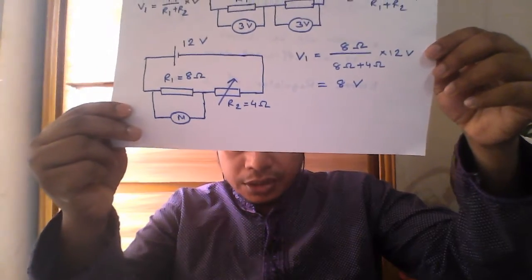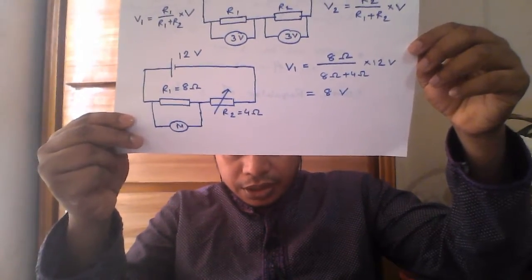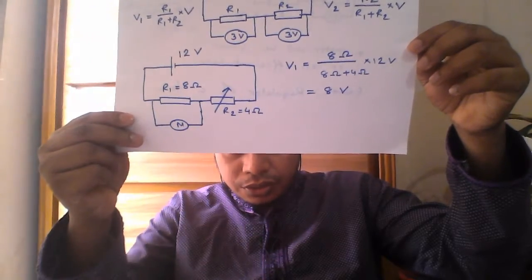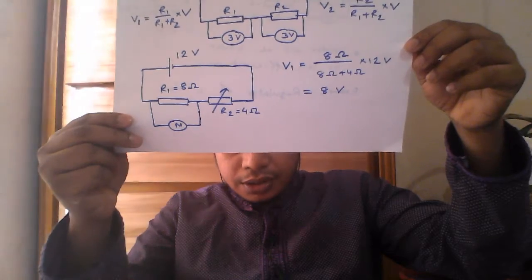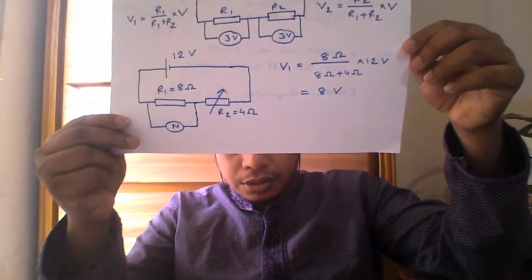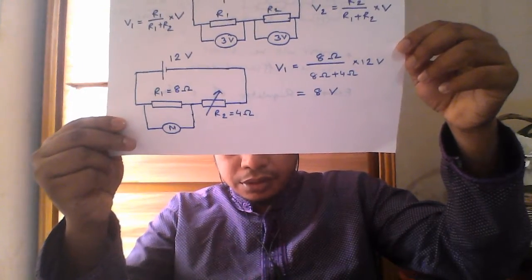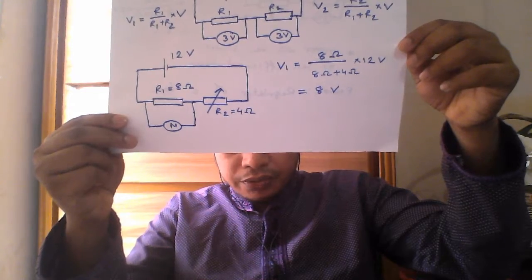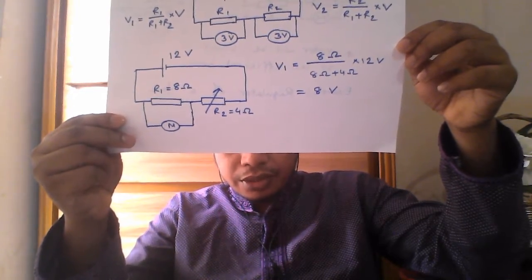So the formula is V1 equals R1 by R1 plus R2 into V. For this circuit diagram, our resistor R1 is 8 ohm. We are going to find the potential difference or voltage across R1.